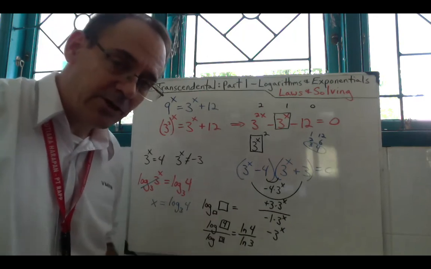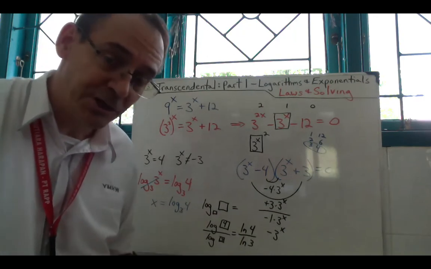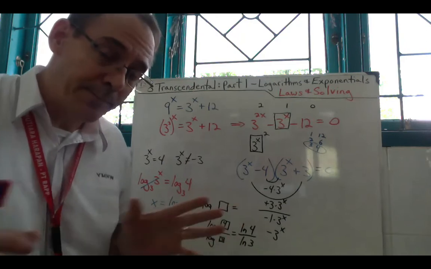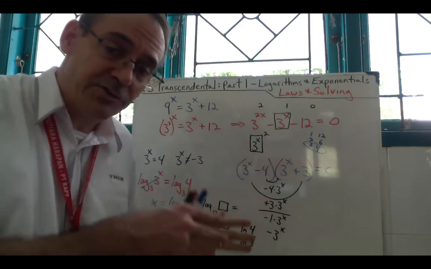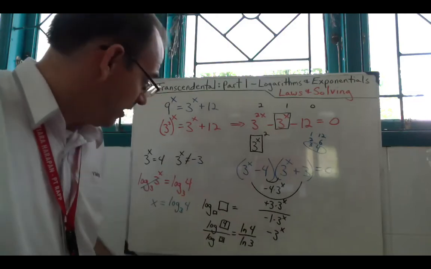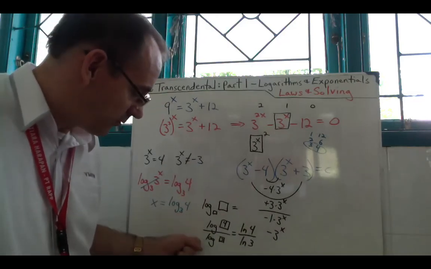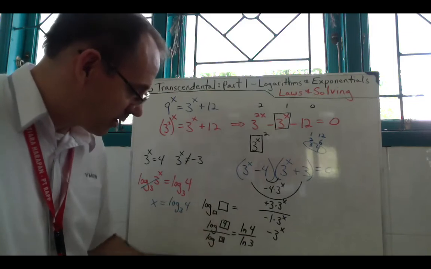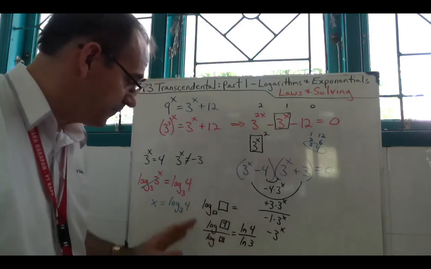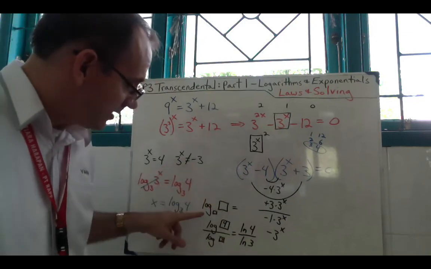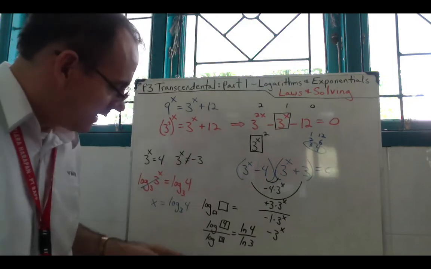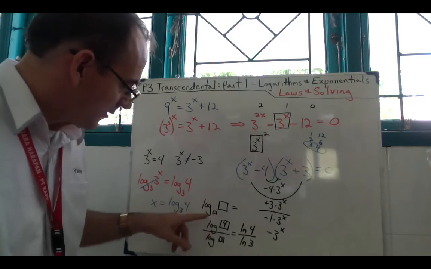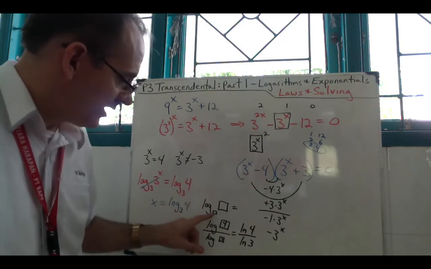And the thing with logarithms is they are proportional. So it doesn't matter what base you're in, they will be proportional to each other. So log 4 over log 3, or ln 4 over ln 3, if you don't have this calculator button here. If you have this one here, all you have to do is type in the 4 into the big box and the 3 into the little box.